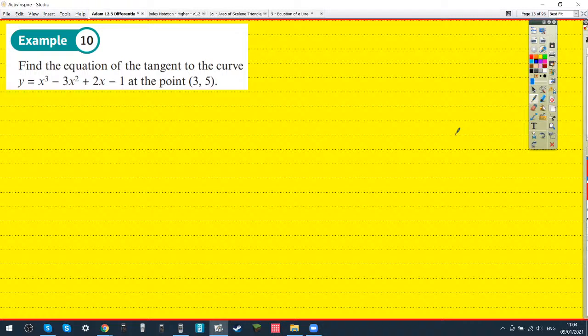So would you make it 3x squared minus 6x plus 2 minus 0? Yeah. And then could you simplify? Which gets rid of the 0. Yep.